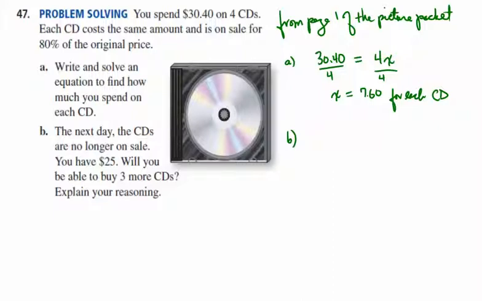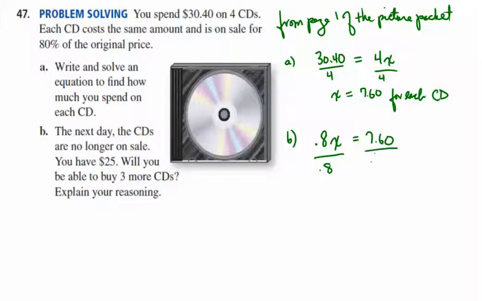The next day the CDs are no longer on sale. So we would have to find out how much a CD originally costs. So we know that they are on sale for 80% of their original price. So we would multiply 0.8 times the original price, and that would give us $7.60.